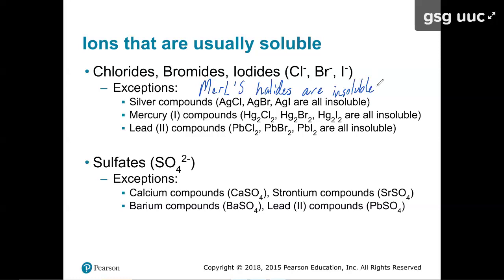Now, who is Merle? Nobody. But if you look at how it's spelled, you can get the names of the 3 ions that are the exceptions. Mer for mercury, L for lead, S for silver. So Merle's halides are insoluble. Mercury, the lead, and the silver.